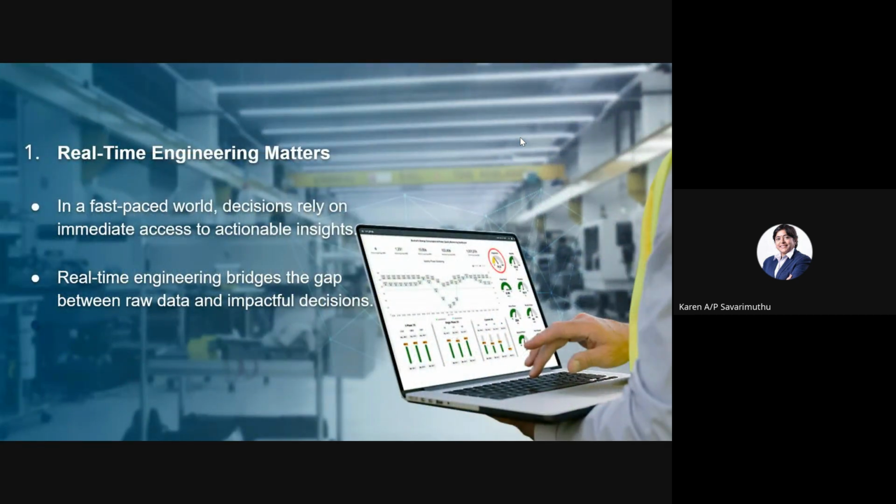Okay, so when we talk about real-time engineering, a lot of things matter. But what we are talking about today is that in the fast-paced world, decisions really rely on immediate, accessible, and actionable insights.